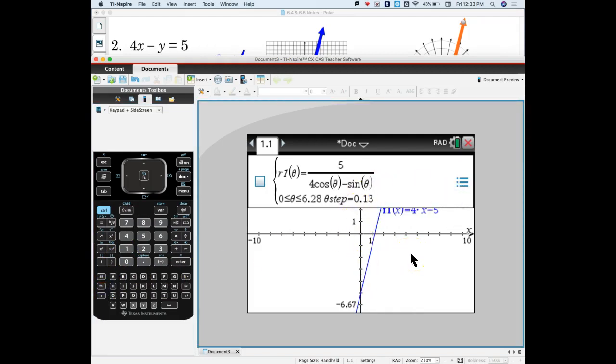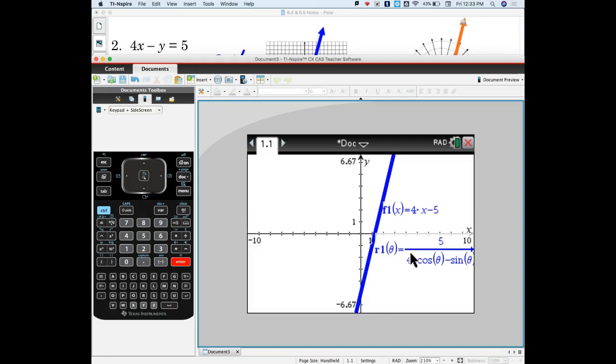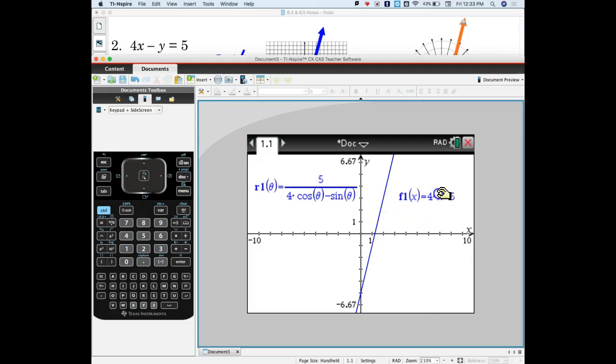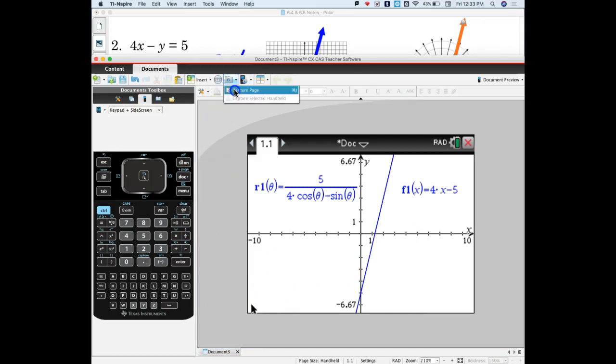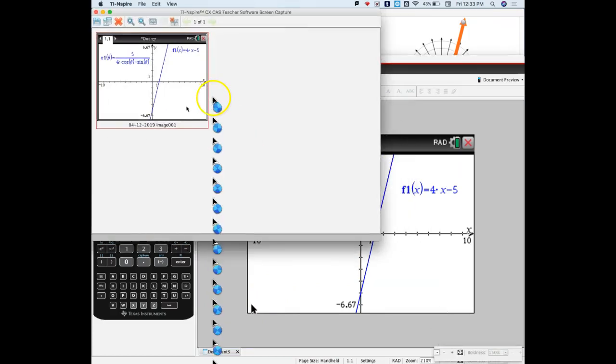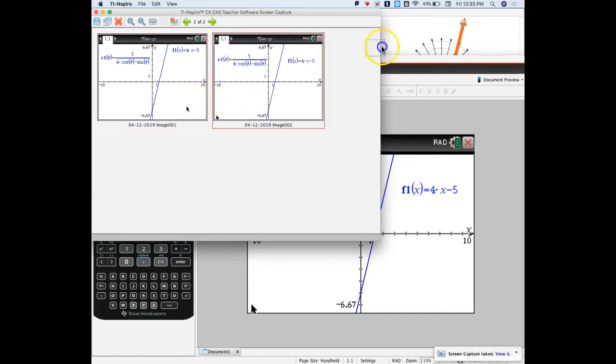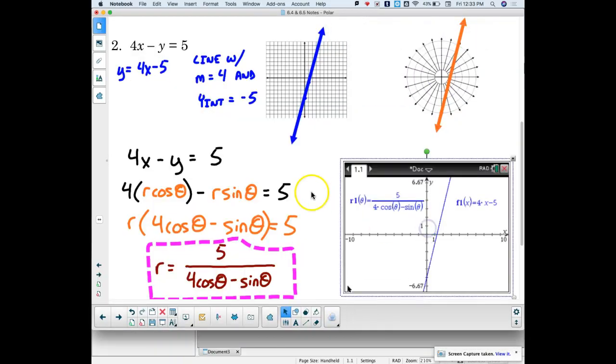And when I graph this, it should go right over the top of my rectangular one. And shabam, it does. So those two are what we call equivalent. Probably just use that one, but oh well. Okay.